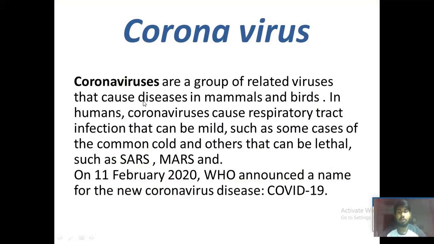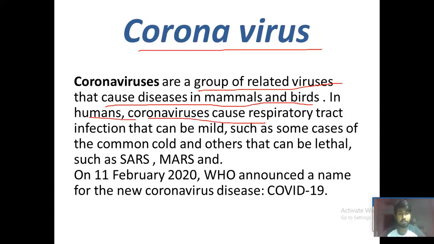So, what is coronavirus? Coronaviruses are groups of related viruses that cause diseases in mammals and birds. In humans, the coronaviruses cause respiratory tract infections that can be mild, such as some cases of common cold, and others that can be lethal, such as SARS and MERS.